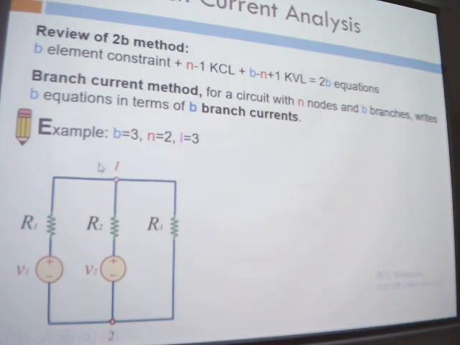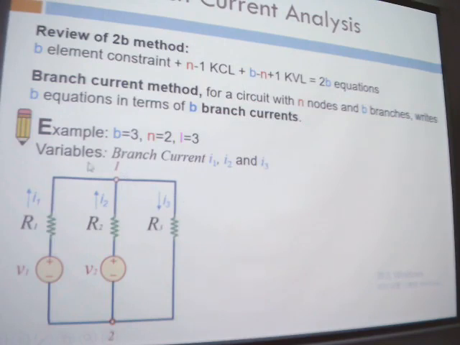Let's look at this example. It is clear we have three branches: branch 1, branch 2, and branch 3, right? We have two nodes, node 1 and node 2, and our L is equal to 3. Actually, our independent loops are 2, okay?